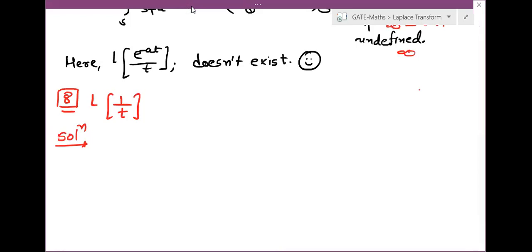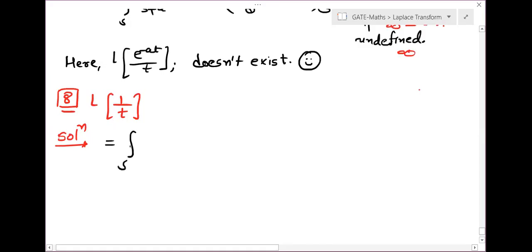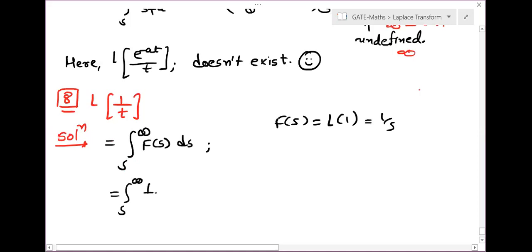So when it is divided by t, in the output we should find its integral. So here it is integral s to infinity f of s ds, where f of s is Laplace of 1. And what is your Laplace of 1? It is 1 by s. So it is your integral s to infinity 1 by s ds.